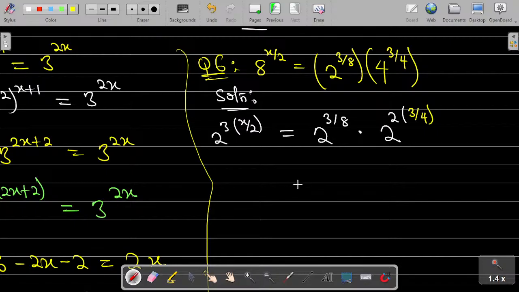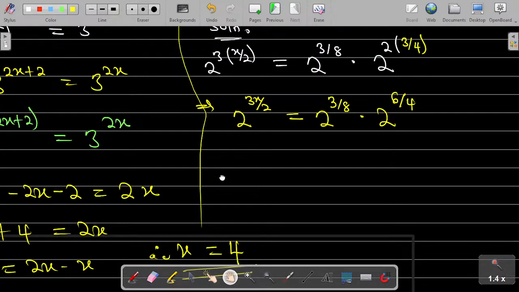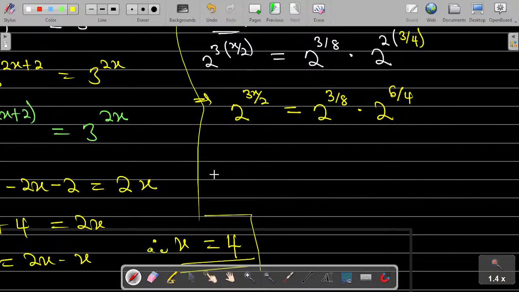Okay, so now we will try to simplify what we have. So open this bracket, and that will give you 2 raised to the power of 3 times x, which is 3x over 2. And that is equal to, let's gather what we have on the other one, 2 raised to the power of 2 multiplying 3 to give us 6 over 4. So now we bring down what we have as 3x over 2.